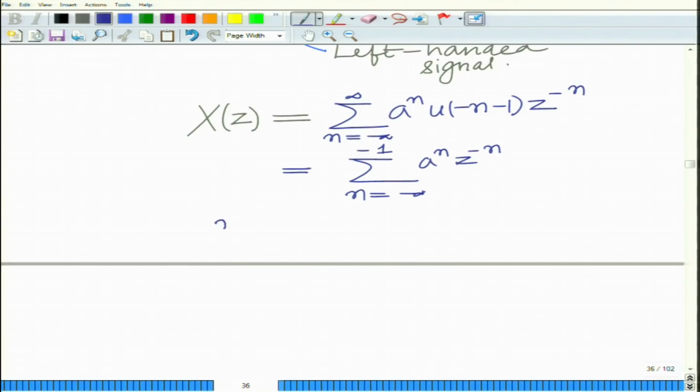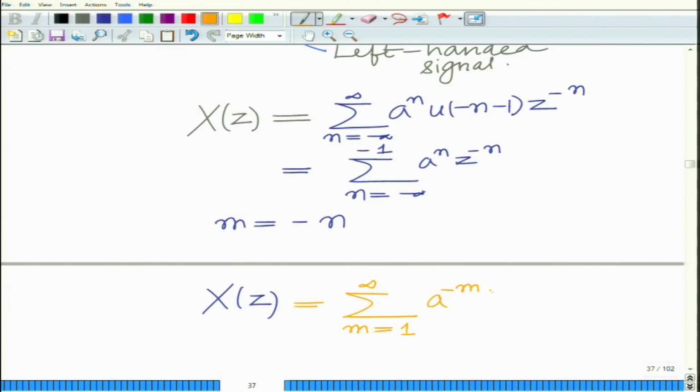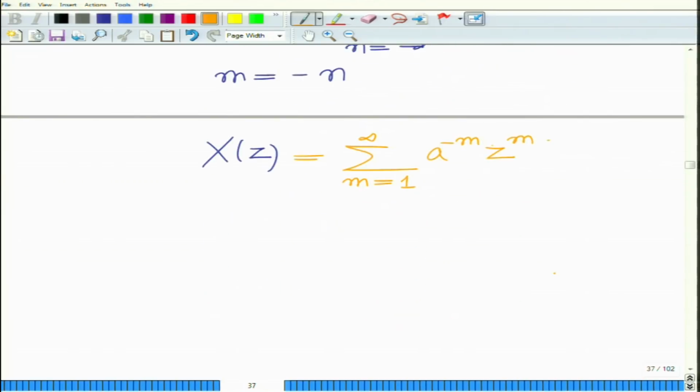Now, set m equals minus n, change the index, then the Z transform X(z) becomes, as n goes from minus infinity to minus 1, m goes from 1 to infinity, n equals minus m. So, this will be a^(-m) z^m.